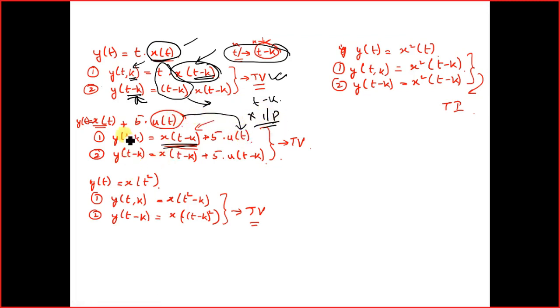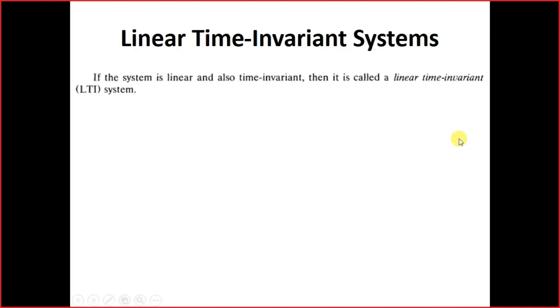However, when we replace t with t minus k, this u(t) term also gets changed. So this is also a time variant system. Similarly, x of t square is a time variant system. On the contrary, x square of t, if you see, is a time invariant system.